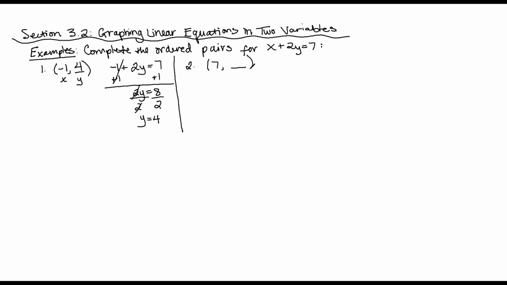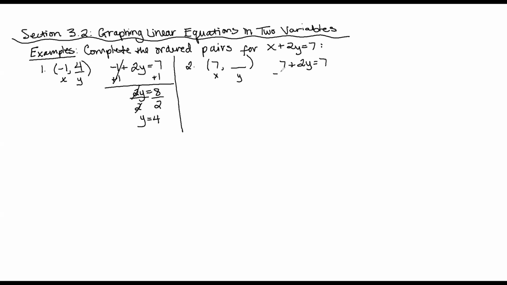blank. For this one, we wanted to go ahead and do the same thing. And this is going to give us another point on the line. And once you have 2 points, you can graph a line. So let's go ahead and, again, we're given the x, looking for the y. So plug in x, 7 plus 2y equals 7.